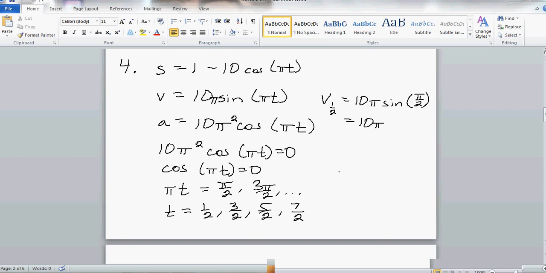Let's see, 10 pi centimeters per second would be the label there, because we're talking centimeters and we're talking seconds. The time, to answer the second question, would be at 1/2 seconds, 3/2 seconds, 5/2 seconds, and 7/2 seconds.